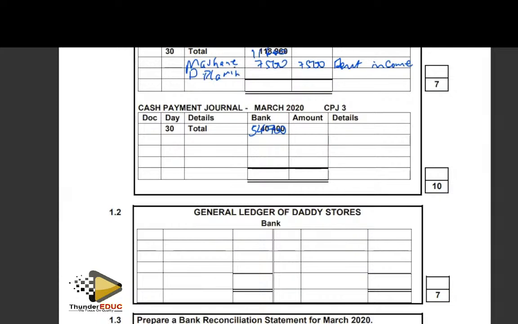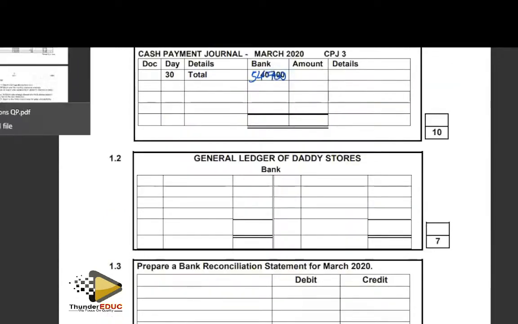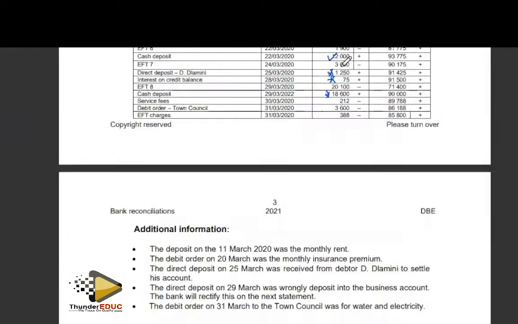Just a moment, I need to erase this. So this was Mashane. Then this was D-Dramin, okay? He gave us 1,250, and they are saying that this amount was for settling his debt, he's a debtor.